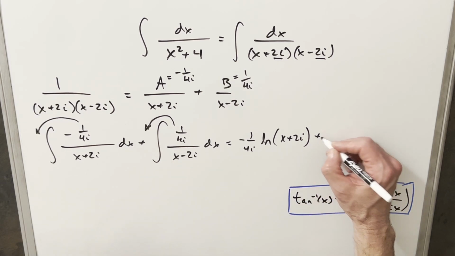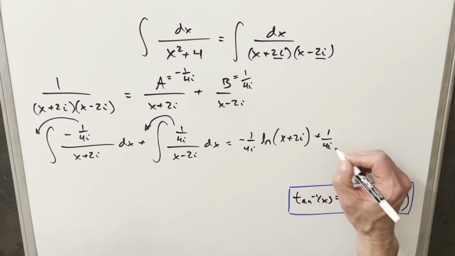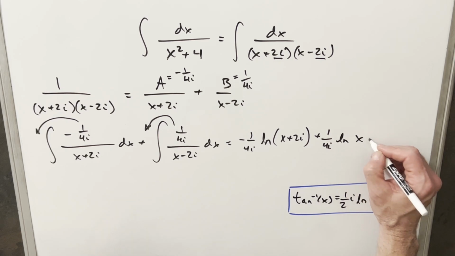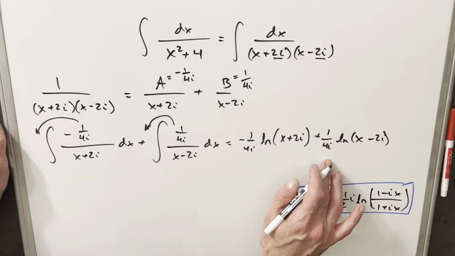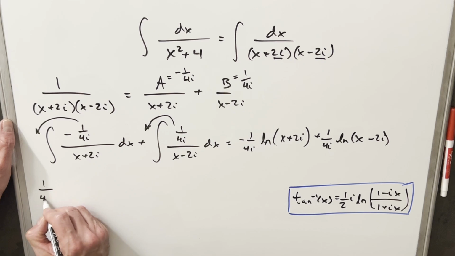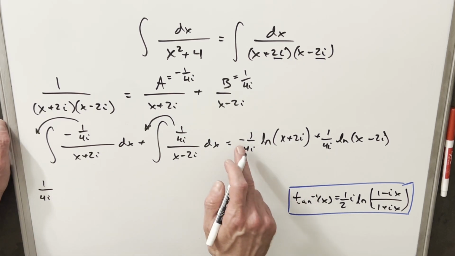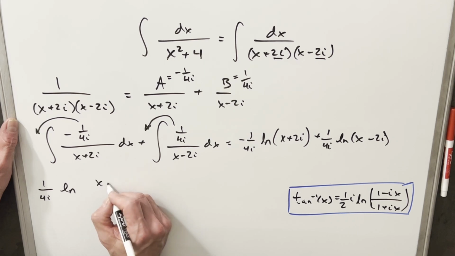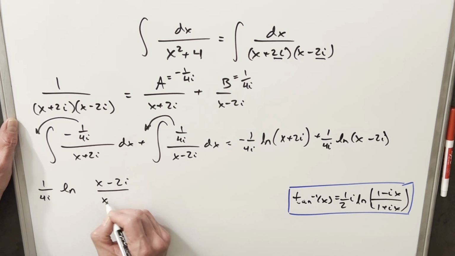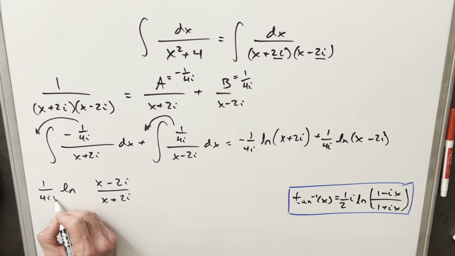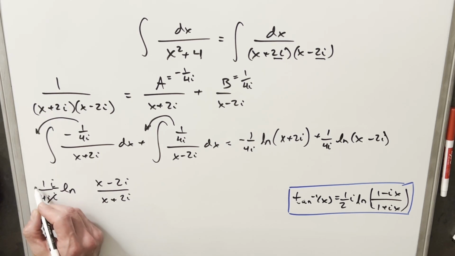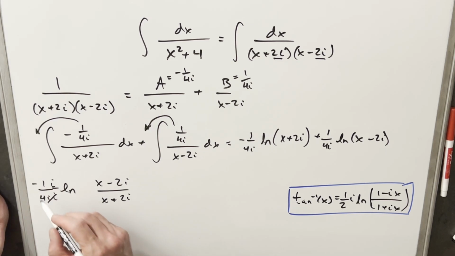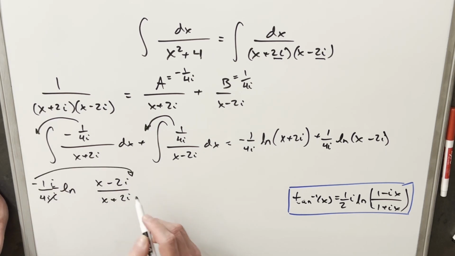And then here we're going to have our 1 over 4i out front, natural log x minus 2i. We have a 1 over 4i in common, so I'll just factor that out front. Because we have two natural log expressions in the minus, I can divide these. I can write this as natural log of x minus 2i over x plus 2i. I can multiply by i over i here just to get the i out of the denominator. This is going to give me a minus 1 in front here. But what I can do is take this minus and use it to flip this fraction.